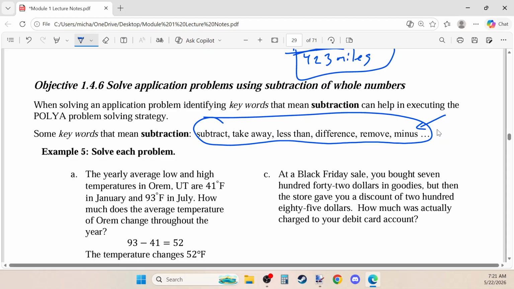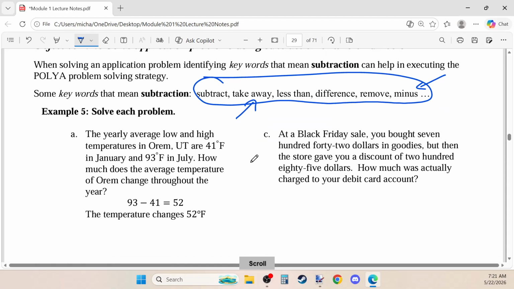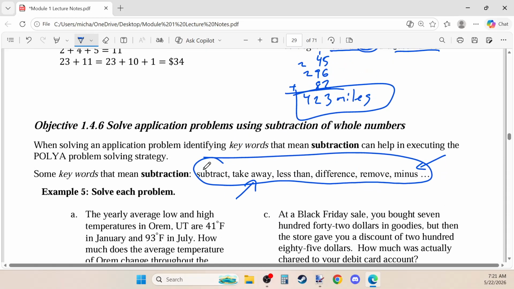And so I feel like maybe I need to stress this a little bit more. Know these words. Practice making sure that you know what operation goes with what phrase. Anyway, this is the subtraction section.